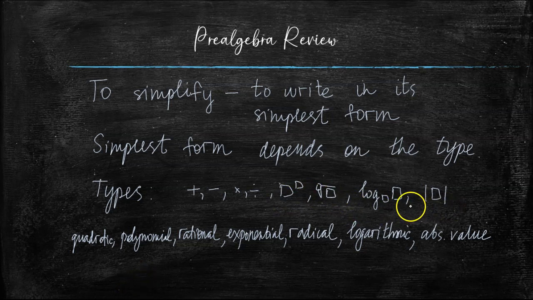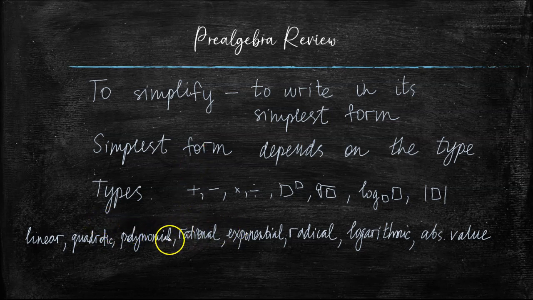I don't know why I said 7. We have 8 operations, so we have 8 types of expressions, linear. So these are the 8 different types of expressions, and the reason that I identify these 8 types is that down the road we are going to be working with functions, and you're going to need the skill of identifying what type of function you're working with.